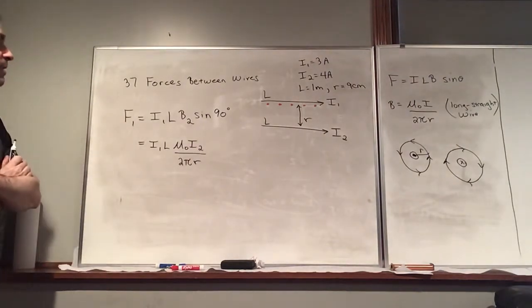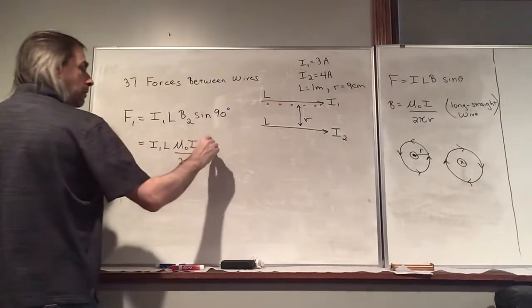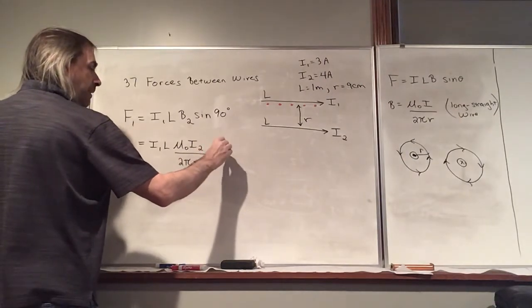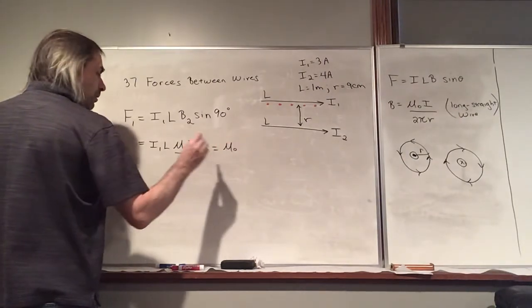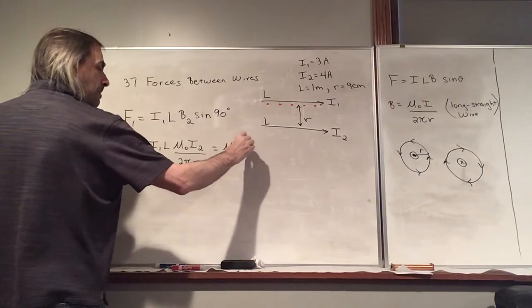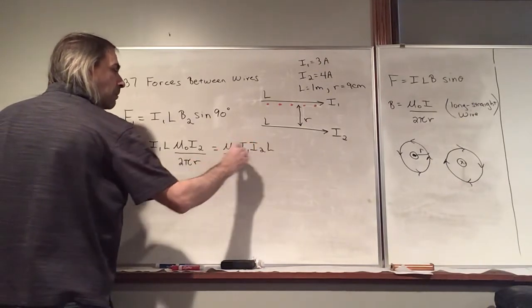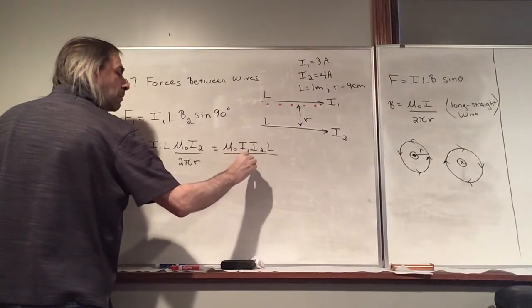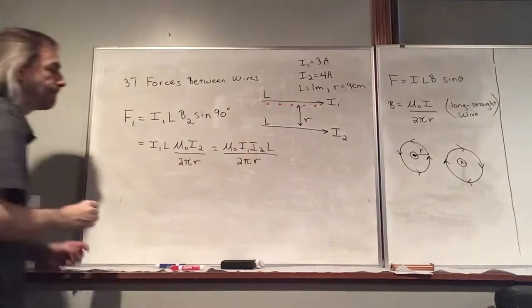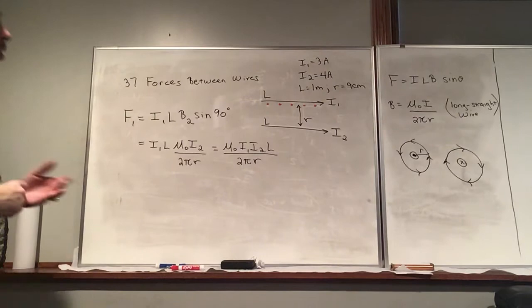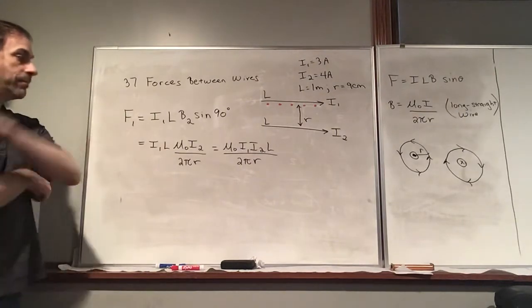But before we do that, let's kind of clean this up a little bit. Let's put the mu naught in front. Okay. So that means the force on wire 1.